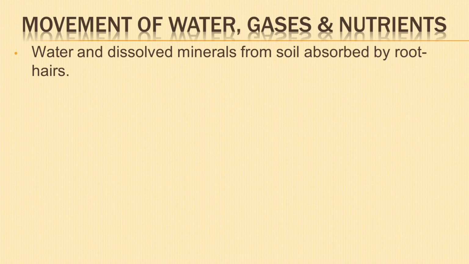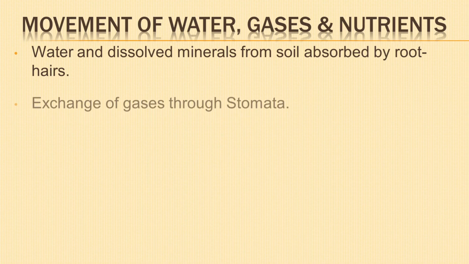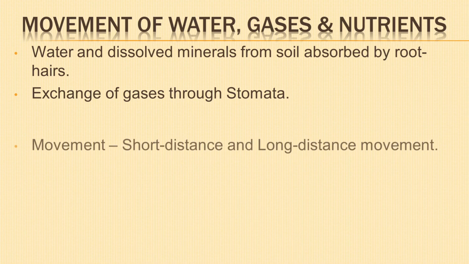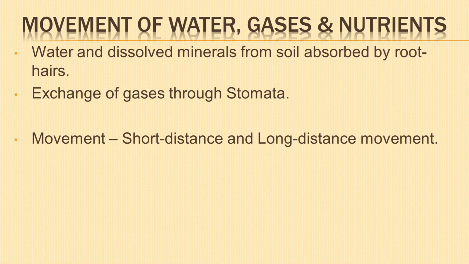Water and dissolved minerals from the soil are absorbed by the unicellular root hairs. Exchange of gases like oxygen and carbon dioxide takes place through the stomata. Movement of materials within the plant body is of two types: short distance movement and long distance movement.